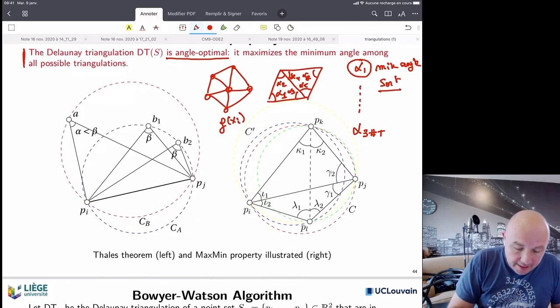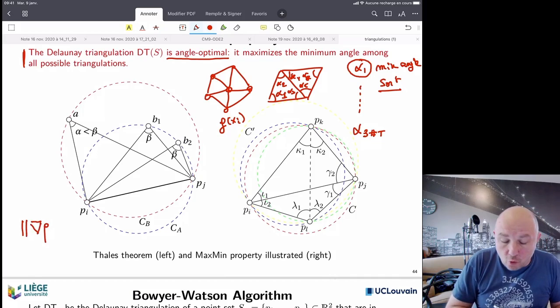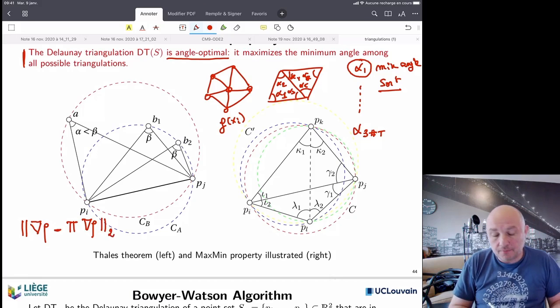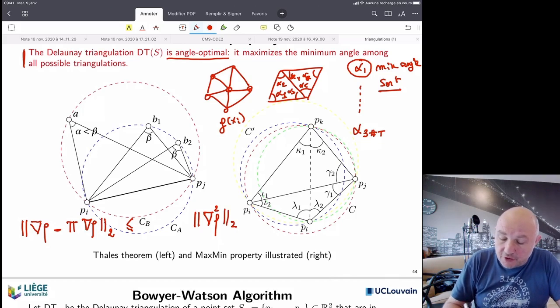But what you can prove is that if you measure the norm of the gradient of f, the true one, minus the finite element interpolation of the gradient of f, in 2 norms, what is called the Dirichlet energy, it's bounded by the norm of, if you do P1, the second order derivative in 2, a Sobolev norm, but anyway, it doesn't matter.